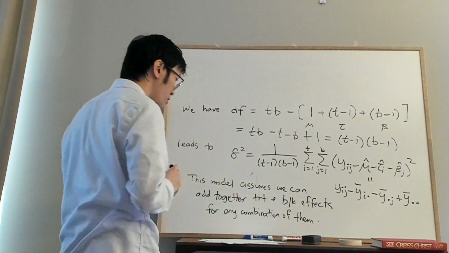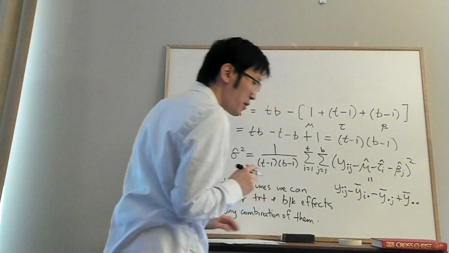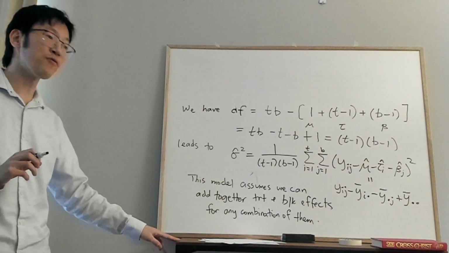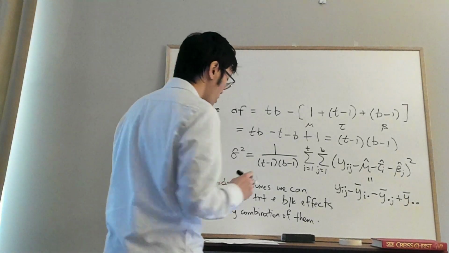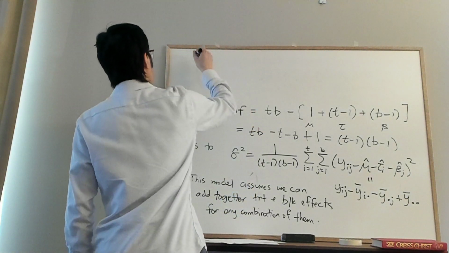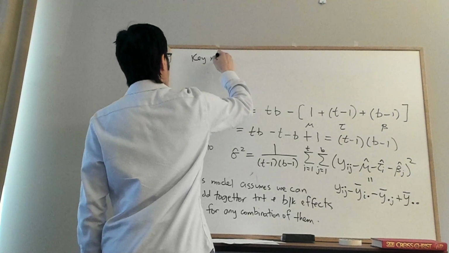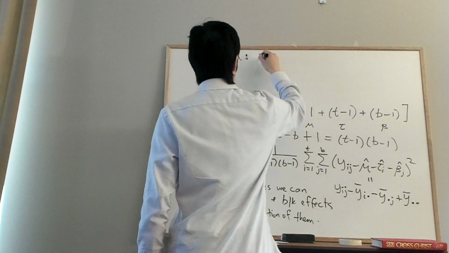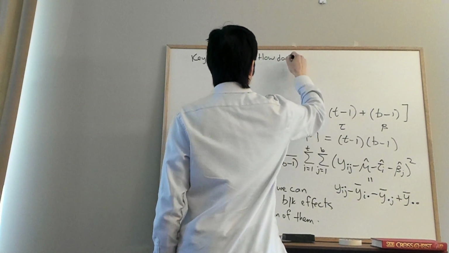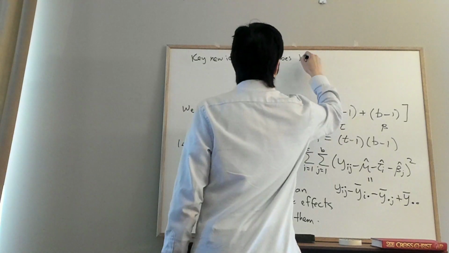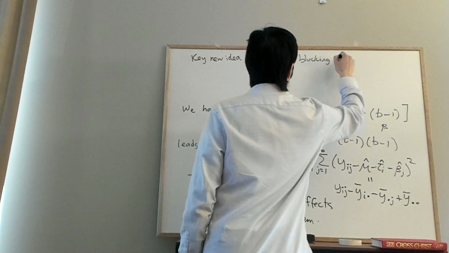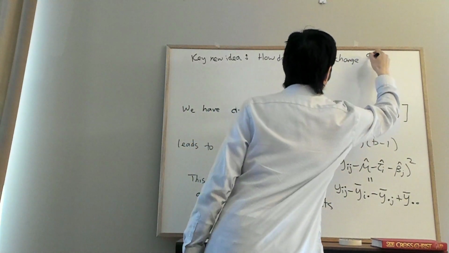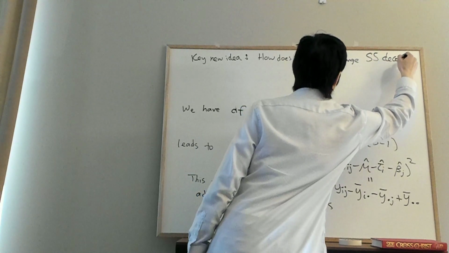That's the key new idea that extends this model from the basic ANOVA model we looked at for completely randomized designs. So, key new idea: how does blocking change the sum of squares, which I'll abbreviate SS, decomposition?